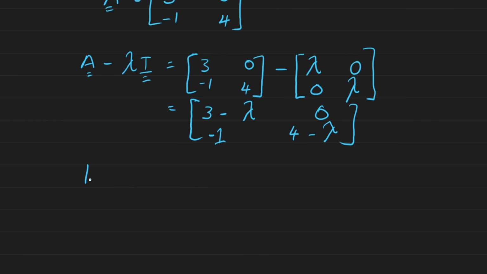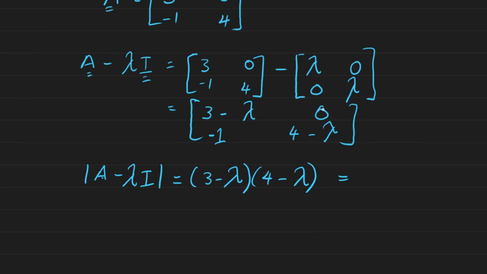So the determinant of A minus lambda I is equal to finding the determinant of this. So we have 3 minus lambda times 4 minus lambda, and then minus 1 times 0 is just 0. So this entire term is equal to 0.